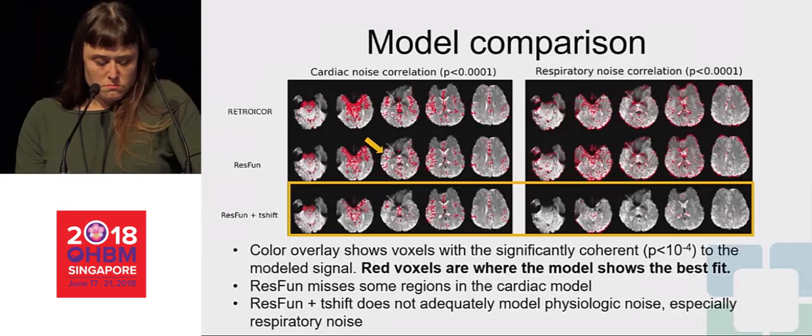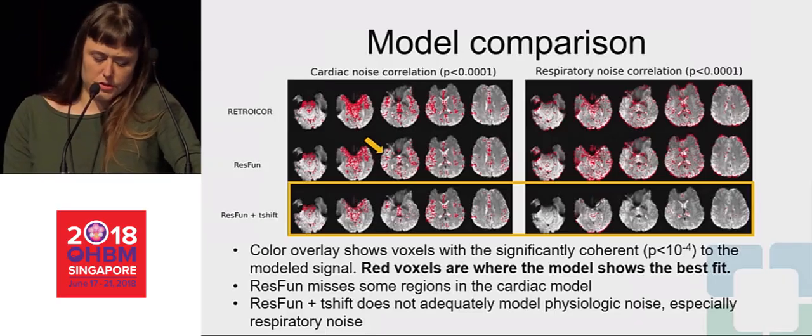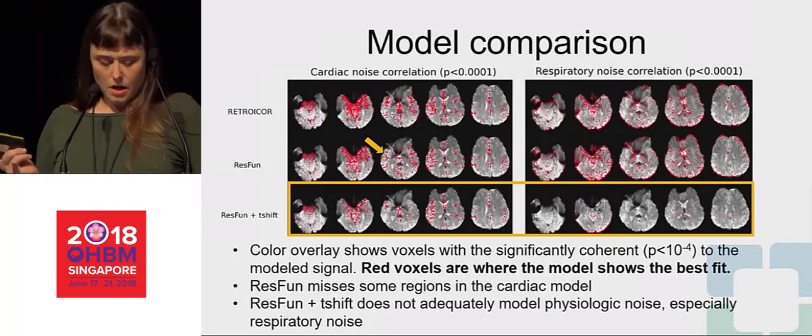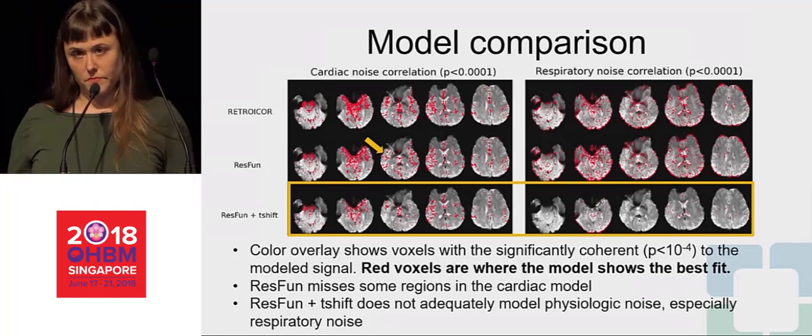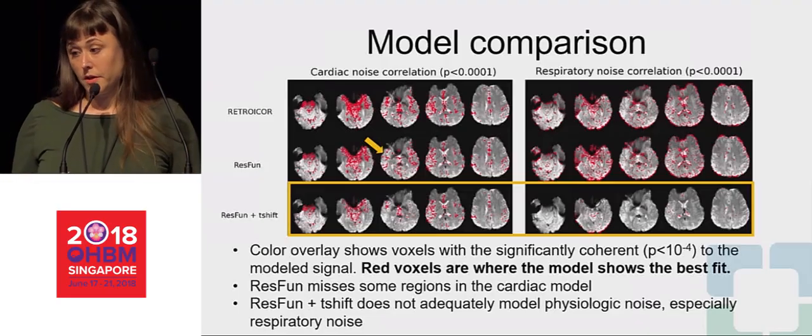There are some regions that are missed in the cardiac modeling, specifically around arterial areas. It's subtle, but it's possible that the use of a single linear regressor doesn't capture all these areas due to the phase shift.